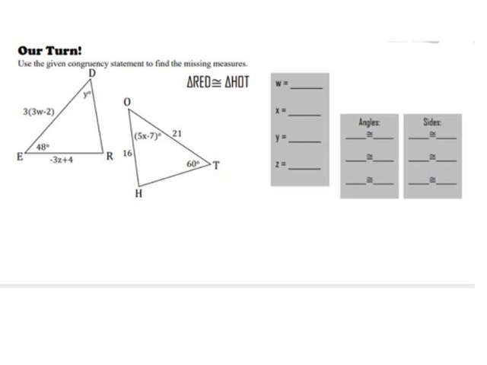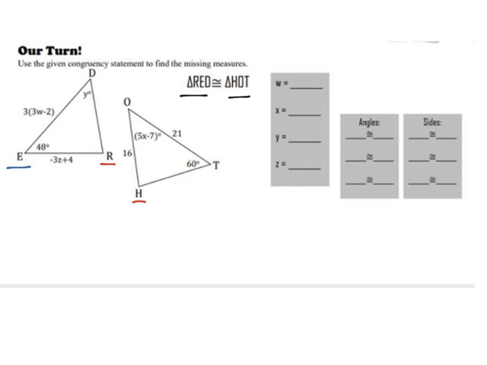Okay, our turn here. Use the given congruency statement to find the missing measures. We have triangle RED is congruent to triangle HOT, red hot. We see these are not oriented the same way, so angle R goes with angle H. I'll do color coding here.